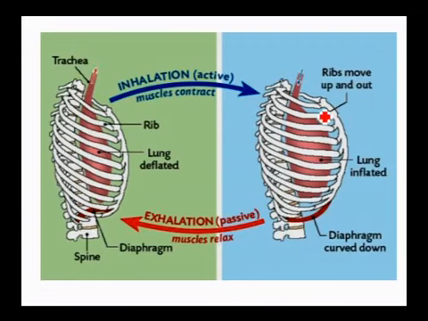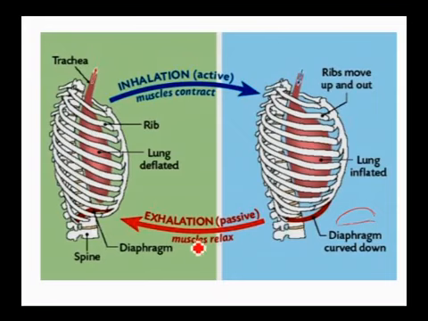The external intercostal muscles contract, due to which the ribs move upwards and outwards. The diaphragm muscles, made up of skeletal muscle, contract. As a result, the dome-shaped diaphragm becomes flattened. So the thoracic cavity volume increases, intrapulmonary volume also increases, so air gushes in.